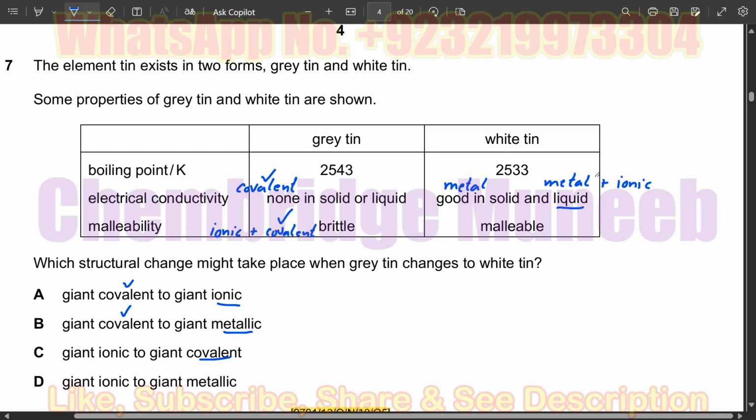Any of these combinations can exist. And malleable: the malleable property belongs only to metal. So both malleability and electrical conductivity are metal properties, which means white tin is a metal, and this one is a covalent. So the option with two ticks is option B. That's the right answer.